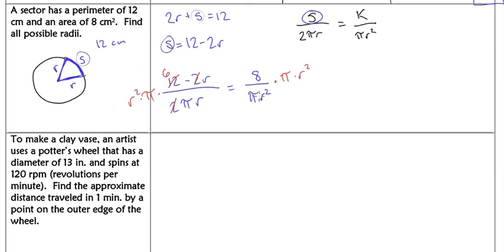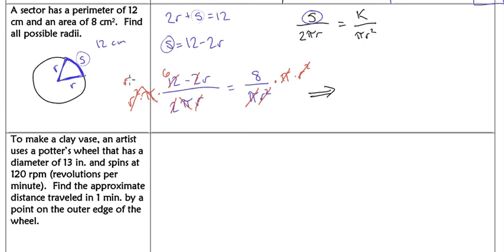That'll get rid of all of our denominator here. Pi divided by pi is 1, radius squared divided by radius squared is 1. Over here, pi divided by pi is 1, and radius squared divided by the radius leaves us with just 1 radius to be multiplied by the numerator here.